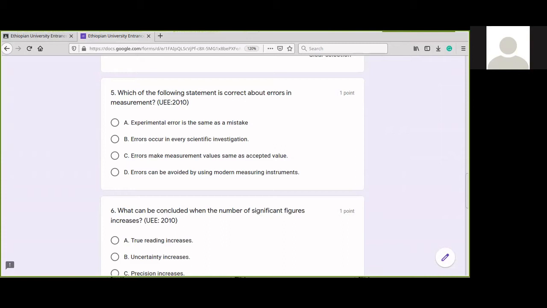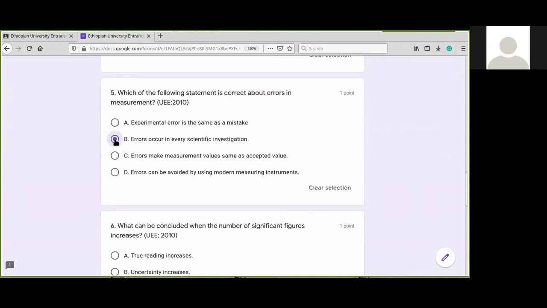D, errors can be avoided by using modern measuring instrument. Correct about errors in measurement. B. Yeah, excellent. The correct answer is errors occur in every scientific investigation. Error is not a mistake. Option A cannot be the answer because experimental error is not a mistake.